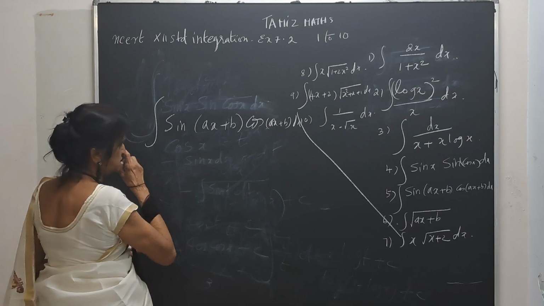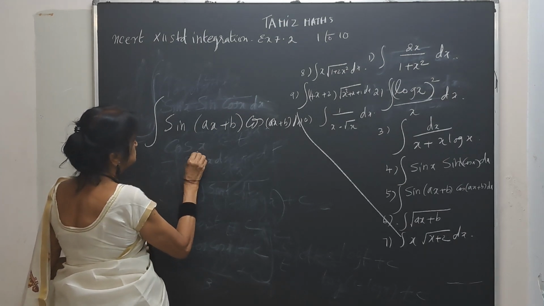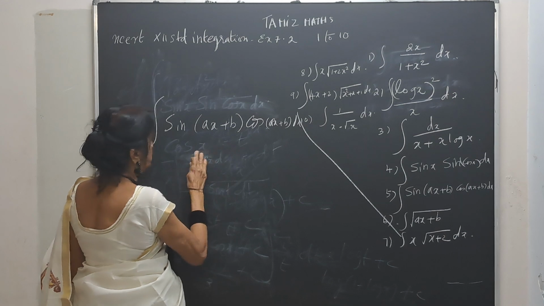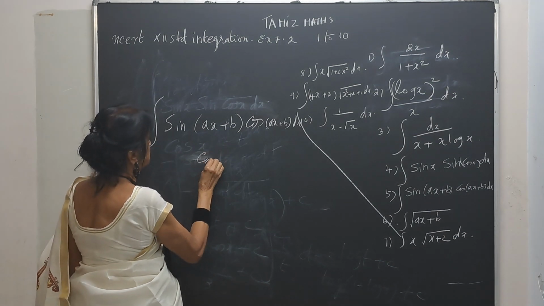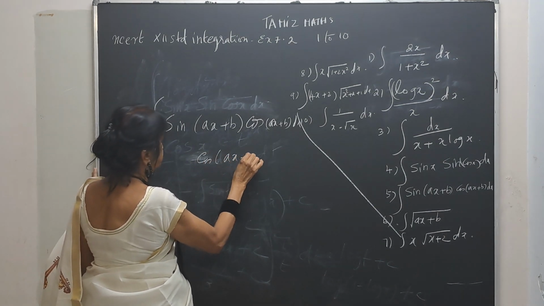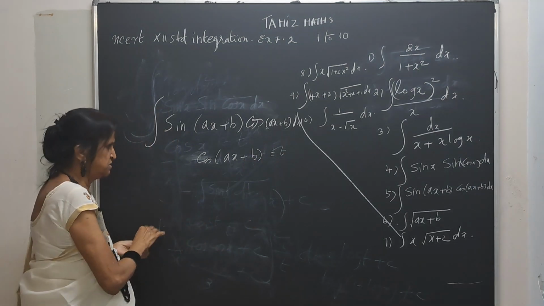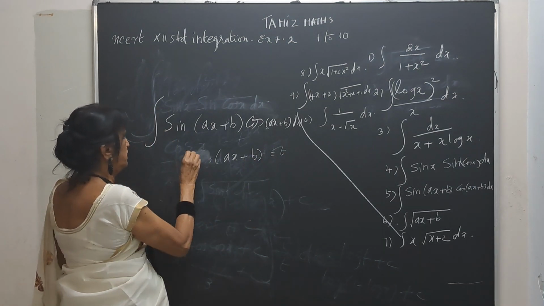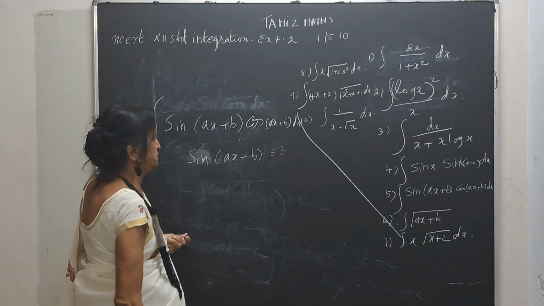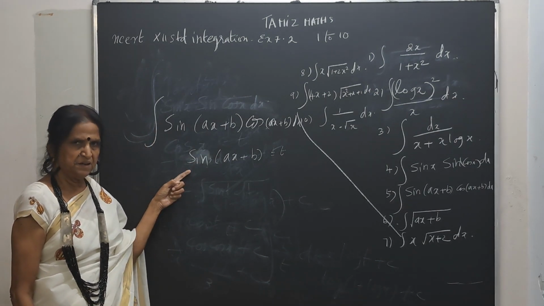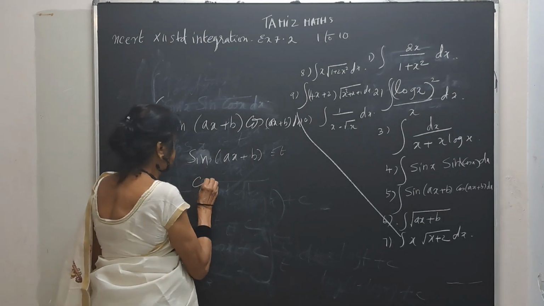Now I will do one thing. You can put sine or cos also, whatever you want. Put cos(ax plus b) as t. If you want, you can do this. It will work. Or you can put sin(ax plus b) as t. Anything will work. Differentiate both sides.